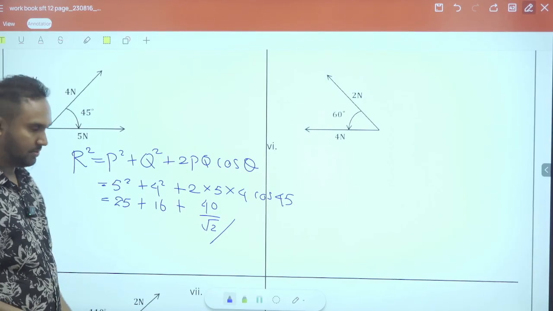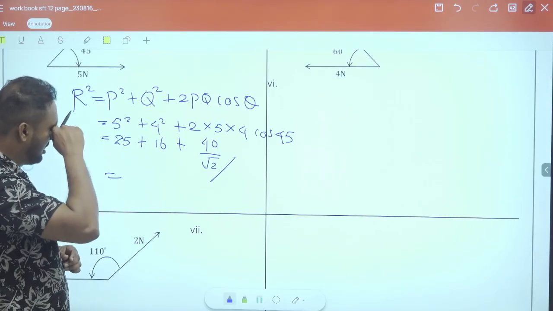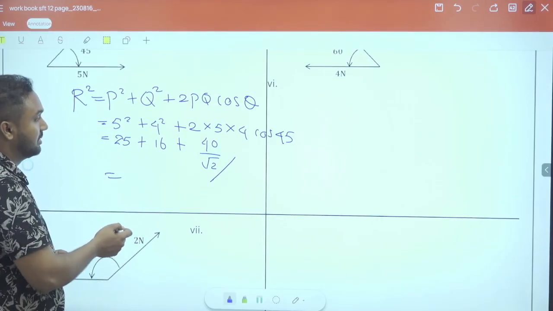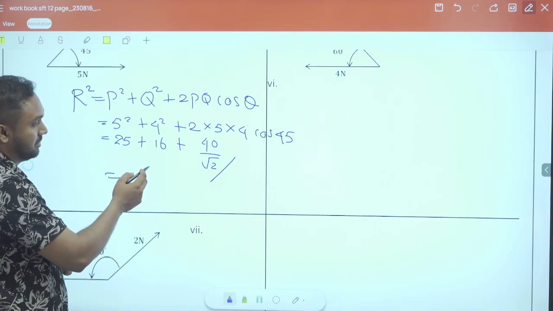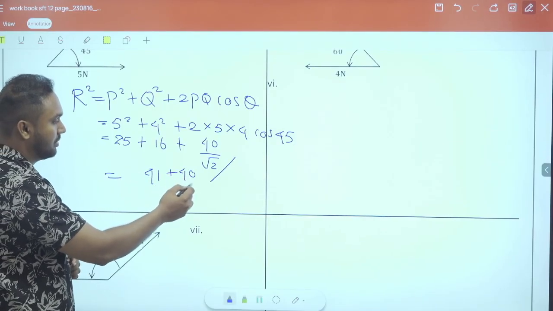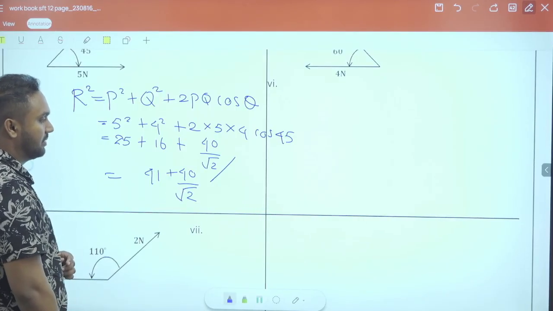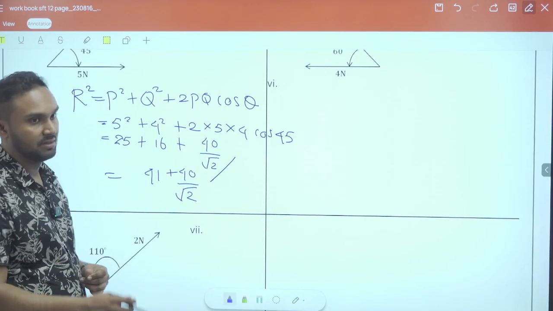You can't, right? So you take this addition here: 25 plus 16 is 41, plus 40 over root 2. And if we convert this into a proper fraction, how do you do it?